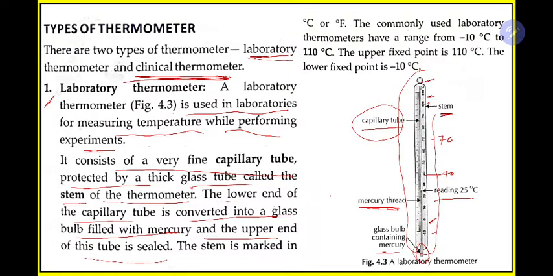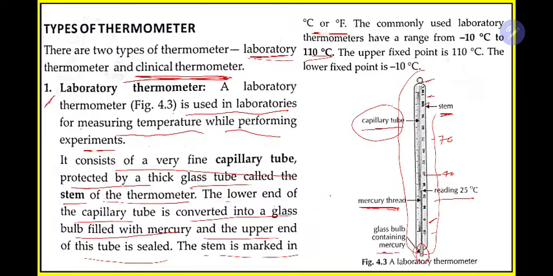Then, the stem is marked in degree centigrade or Fahrenheit. The stem will be marked with the scale it uses, either the centigrade or Celsius scale, or the Fahrenheit scale. It will be marked as degree C or degree F. The commonly used laboratory thermometer has a range from -10 degree to 110 degree centigrade.